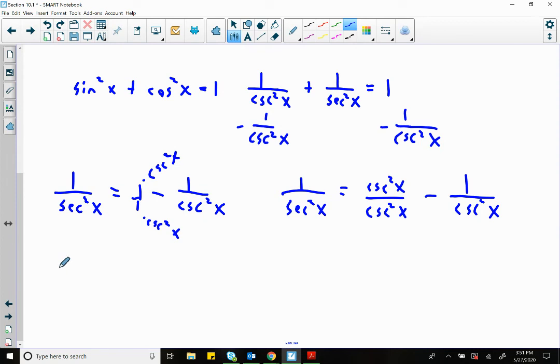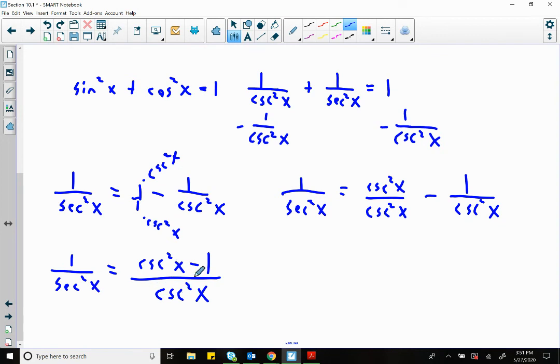Putting my fractions together, we now know that 1 over secant squared x is equal to cosecant squared x minus 1 all over cosecant squared x. So far, so good.